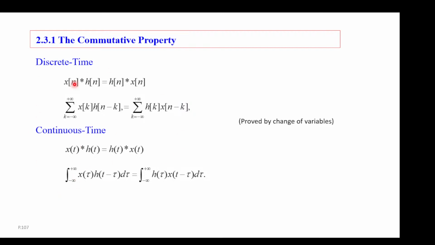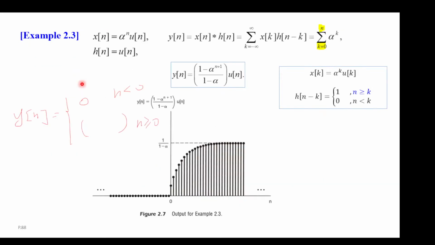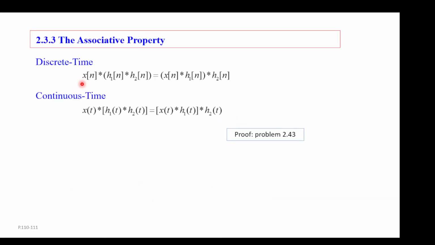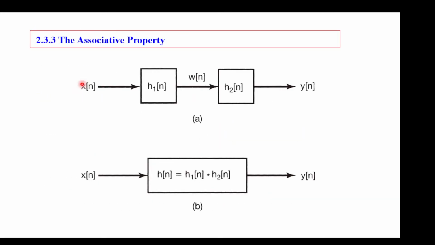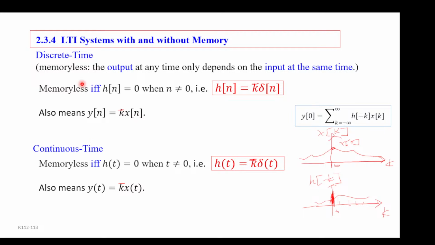Once again, convolution is like a multiplication. You have a commutative property, a distributive property, and an associative property. Here we also use another property: that convolution is linear.